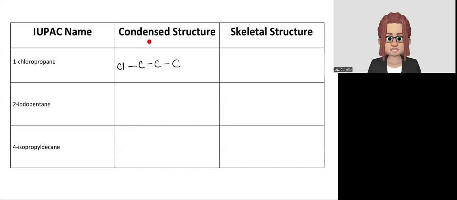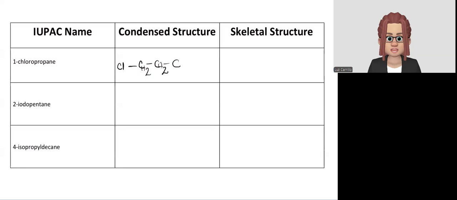Since in the condensed structure, I'm going to illustrate all the atoms, then I need to fill the octets for the carbon atoms. Since this first carbon atom only has 2 single bonds, it receives 2 hydrogens. The next carbon atom, since it has 2 bonds, also receives 2 hydrogens.